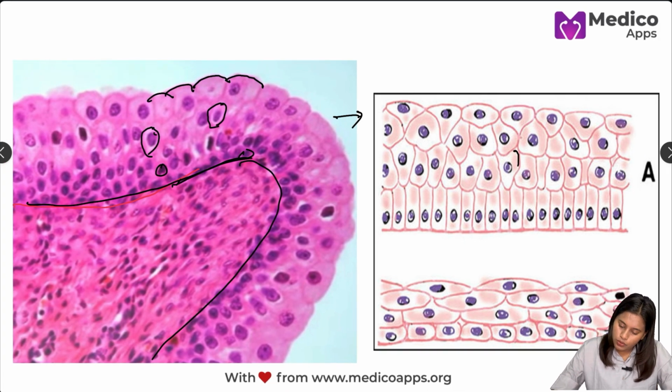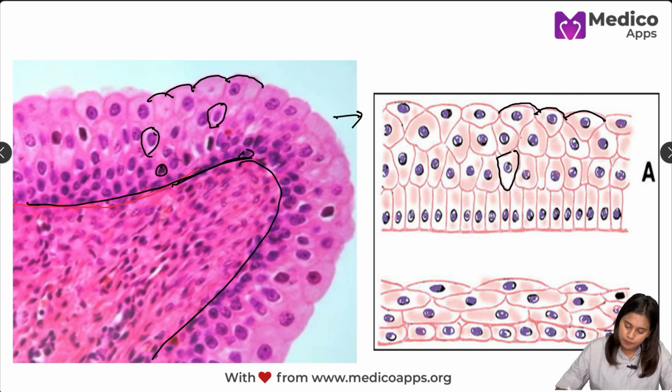This diagram shows the middle layer of the cells. They are polygonal in shape, and the upper layer of the cells has a dome-shaped appearance. This particular set of features is called transitional epithelium. So why is it called transitional epithelium?